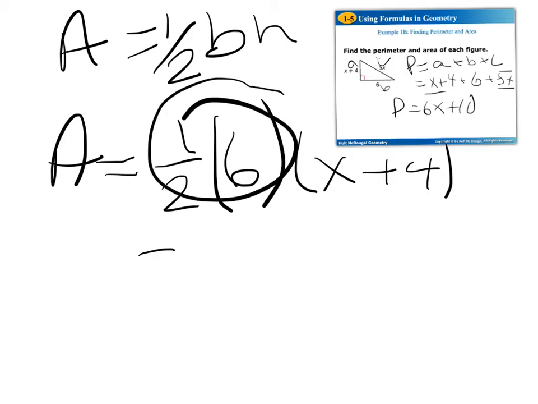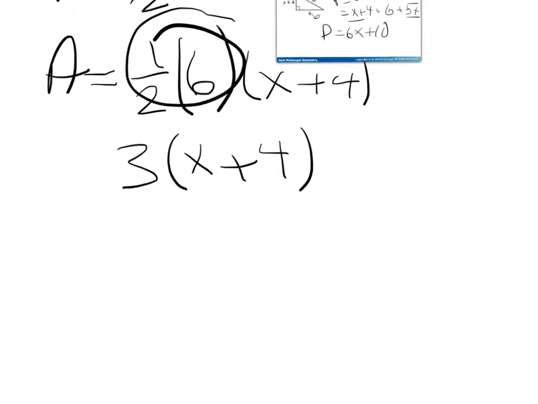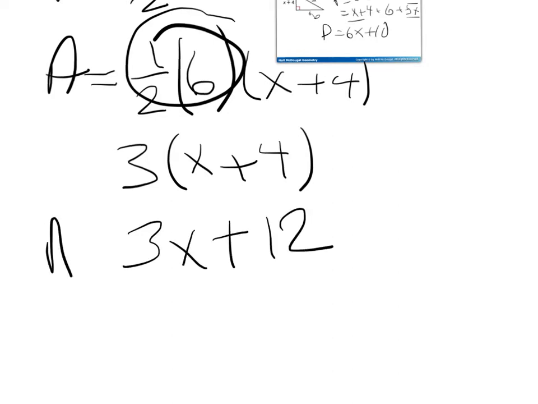This gives me 3, and then this gives me x plus 4. And we're going to finish distributing, so we've got 3x plus 12. So that is our area. If they gave us inches, we would put 3x plus 12 inches squared. But since they don't give us anything, we can't put a label on this one.